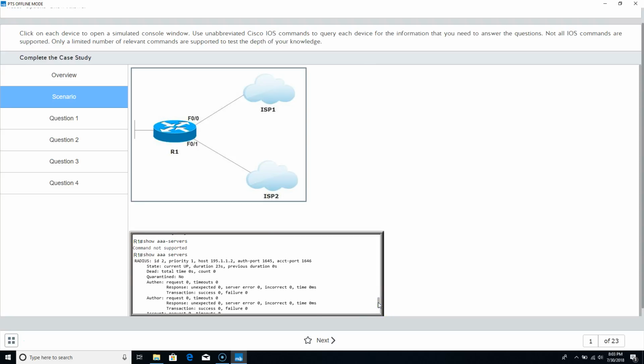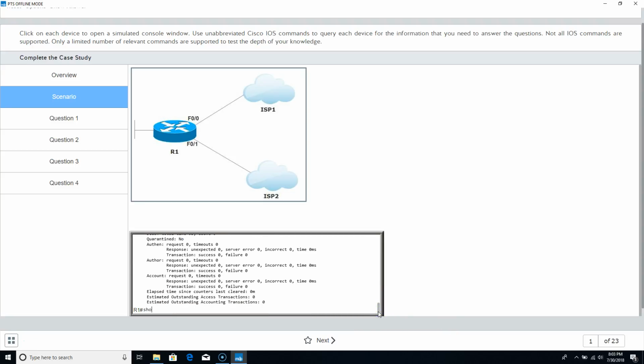So now you find the RADIUS server. From here, you know that the IP address is 195.1.1.2.